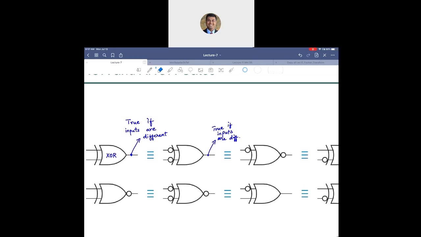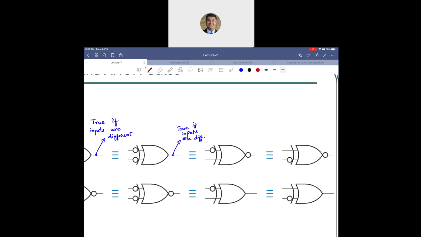Now what would happen if you flipped one of them? If you changed one of the inputs, then the output will also get flipped, right? Because now if you started off with inputs being different, because you flipped one of them, now the inputs are the same. So the output will be inactive. After the bubble, output will again be active.